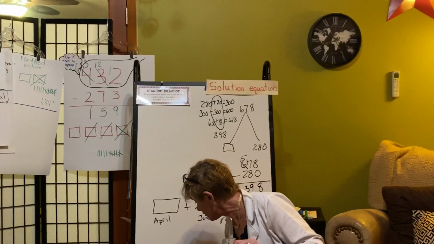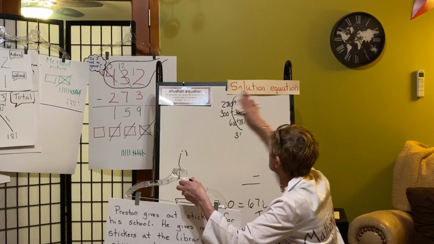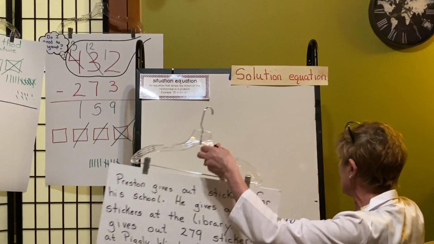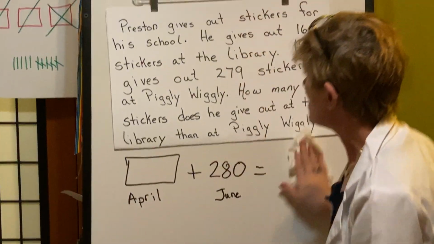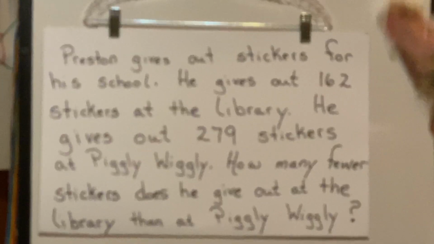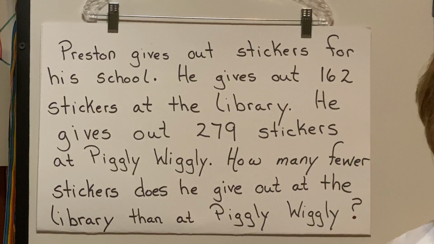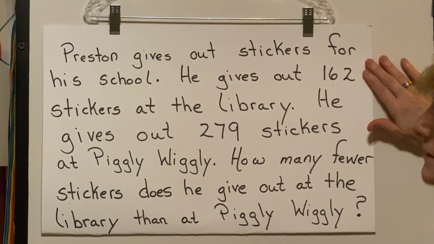Friends, I'm going to ask you to look at one more story problem. I'm really glad that you're staying with me on this. Again, you can stop this video anytime you want and revisit. Let's look at this story problem. So, friends, we're looking at Preston. Here we go. Preston gives out stickers for his school.